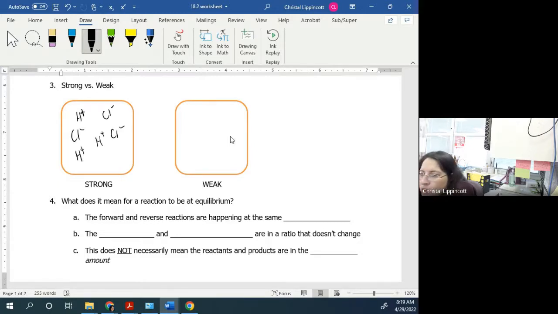When you talk in terms of a weak acid, most of the stuff is going to be like this. And then you'll have a few of these that are floating around as ions. But most of it will be staying together in the weak form.